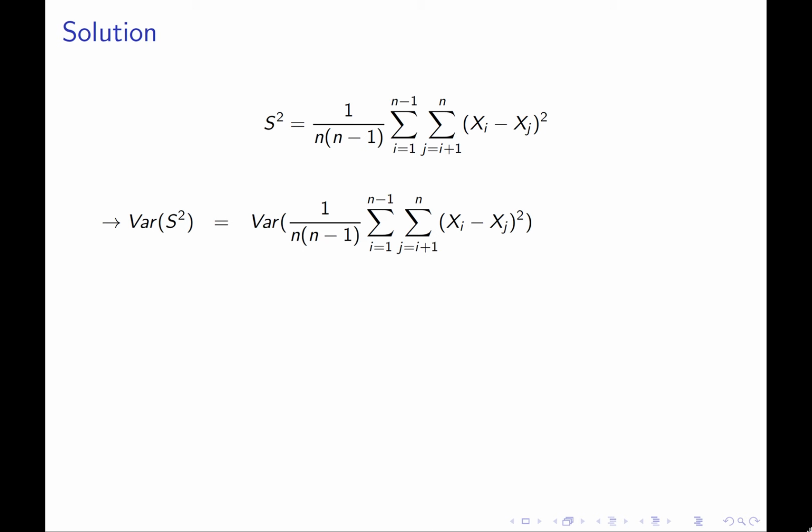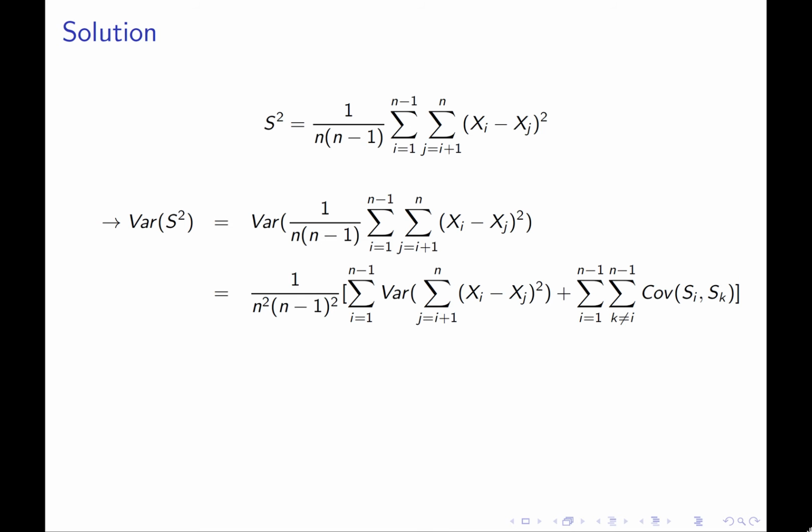And in our next step, we can take out 1 on n minus 1 and square it because of the variance. And then we have a sum of variances of sums, basically, plus the covariances of each sum. So we're going to end up having (n minus 1) by (n minus 2) lots of covariances in this case here.